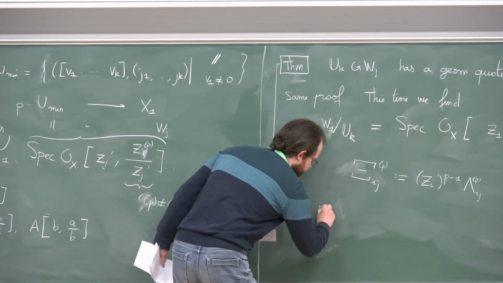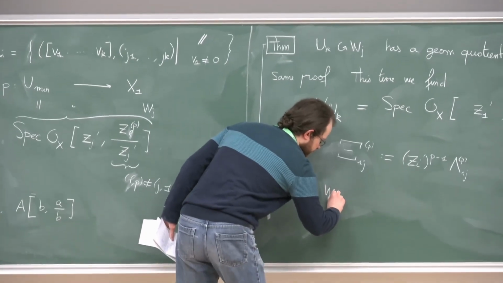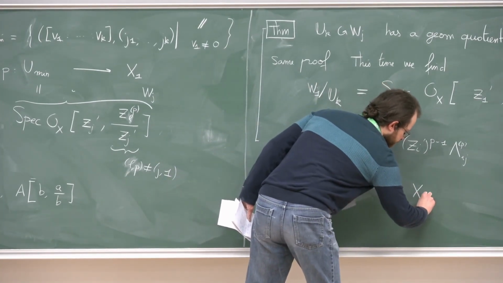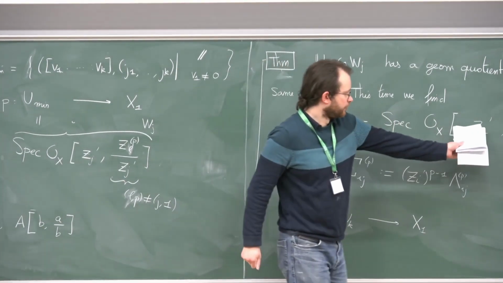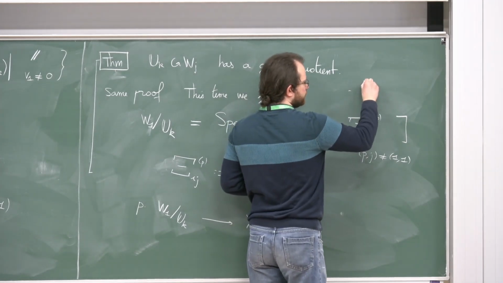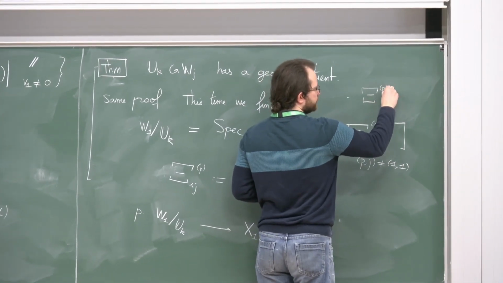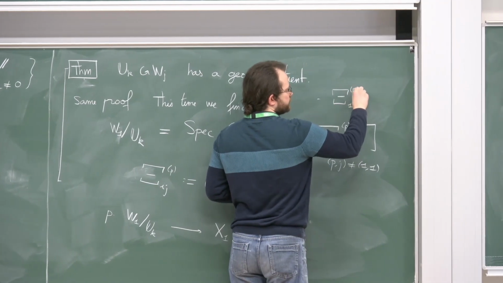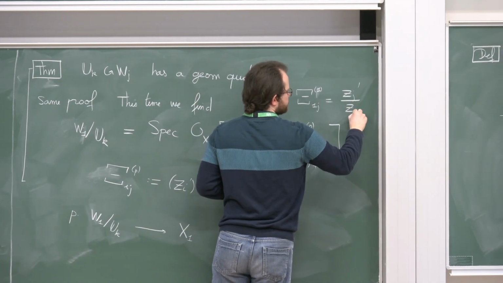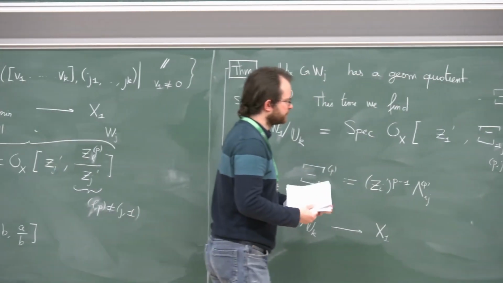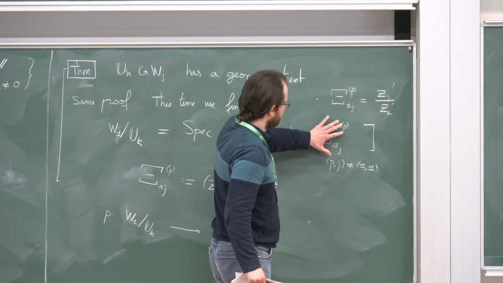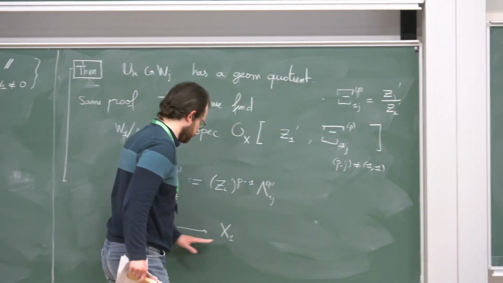So P going from W1 to UK towards x1 is given by forgetting all these coordinates where you have P larger than 2, because if you have P1j, if I put the first derivative here, I simplify Zj prime over Z1 prime. So forgetting the higher order derivative gives you the projection.